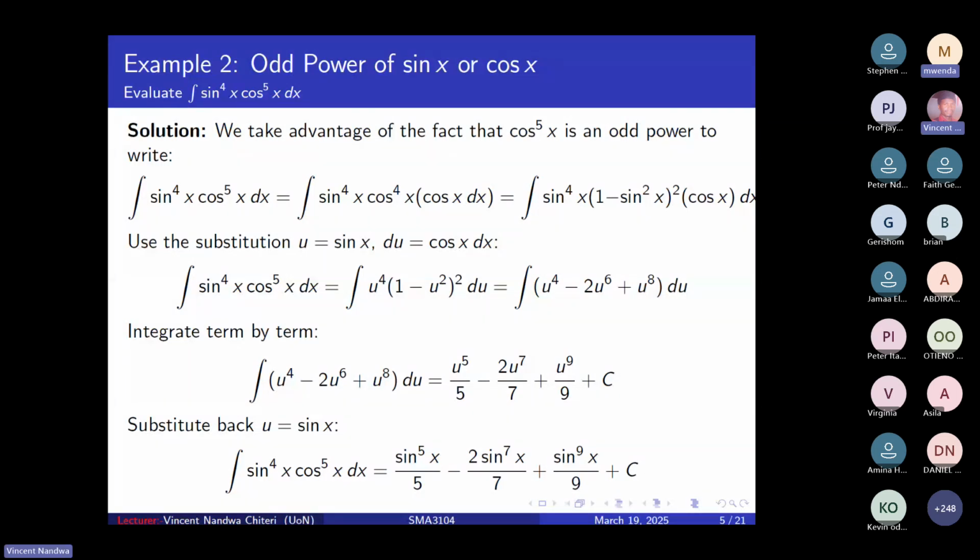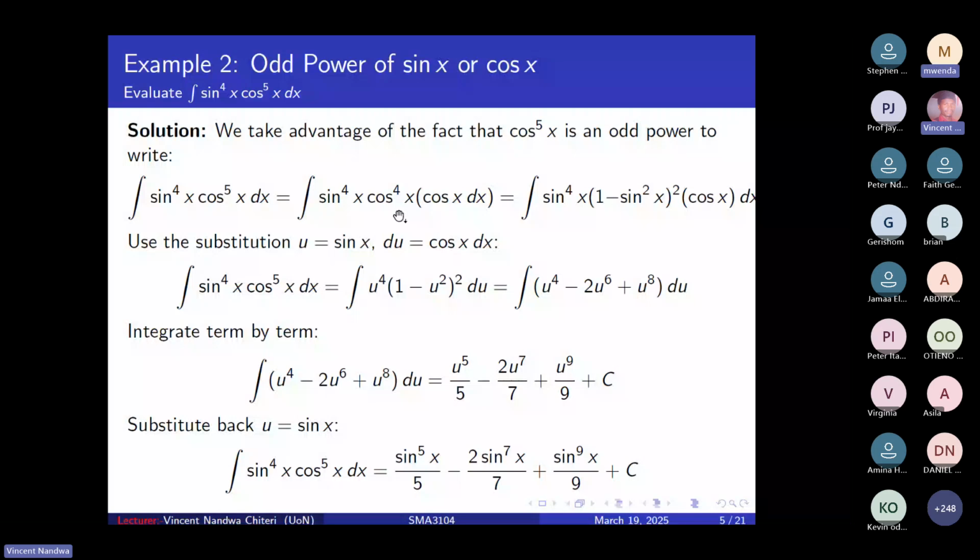So cos power 5, you write it as a product of cos power 4 and cos x. So cos power 4x times cosine of x will still give us cos power 5x.